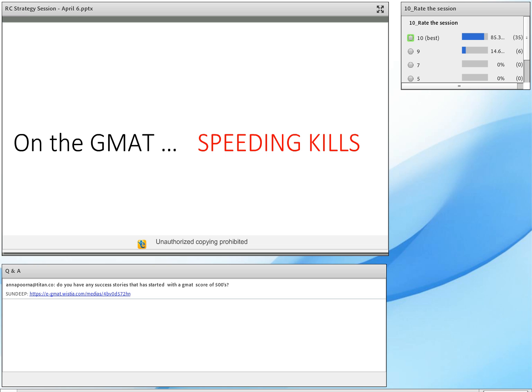So you need to know what your abilities are, how much time you need to spend in order to get the question correct, because ultimately your goal is to get as many questions correct as possible. So change the way you ask the question about the maximum time you can spend on a question.